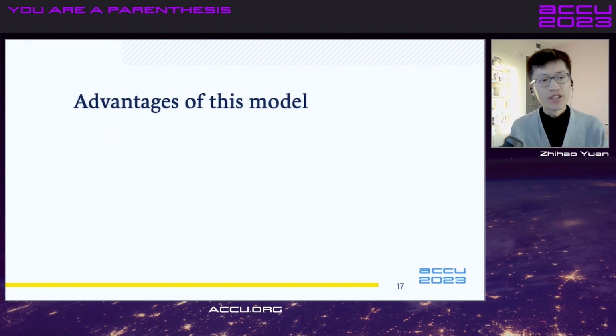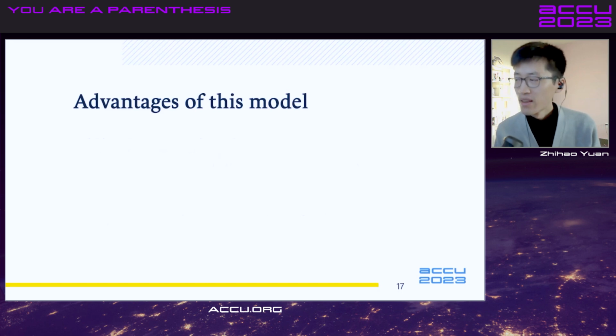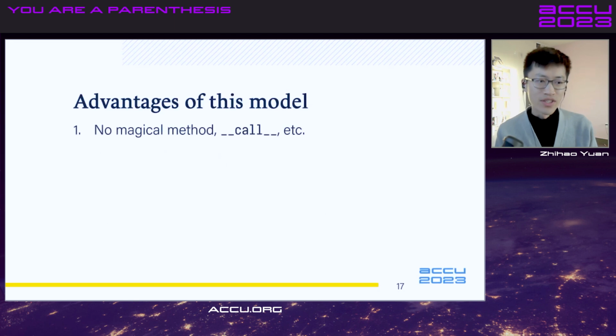So what's the advantage of this model? By saying model, I mean a lambda can be used in place of a SAM interface, no matter what name is specified for that single method. The first advantage is that there is no magical method. There's no double-underscore call, operator parenthesis, etc. Different interfaces can choose to pick a different name for their call operator.